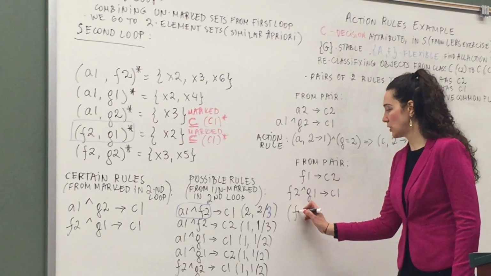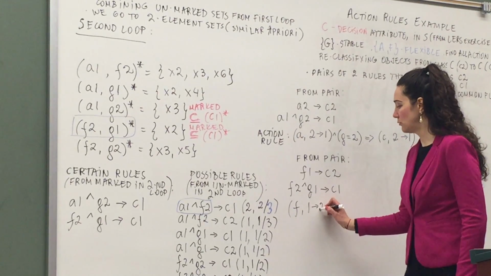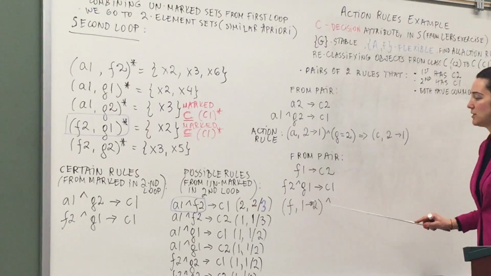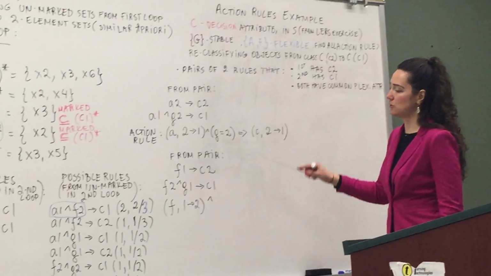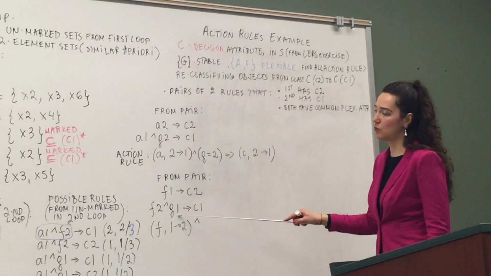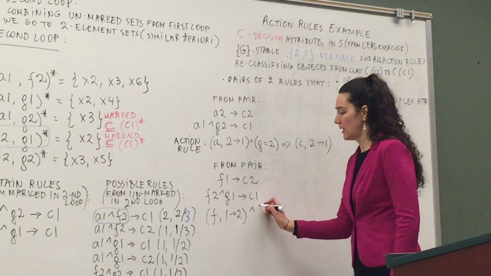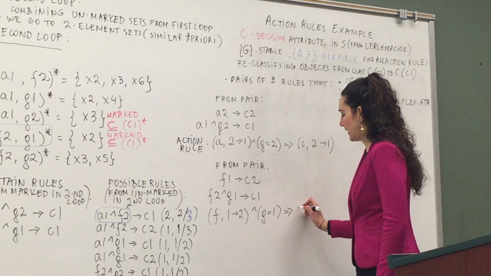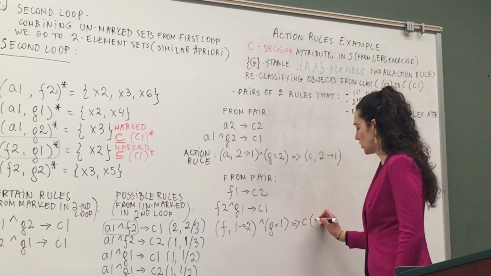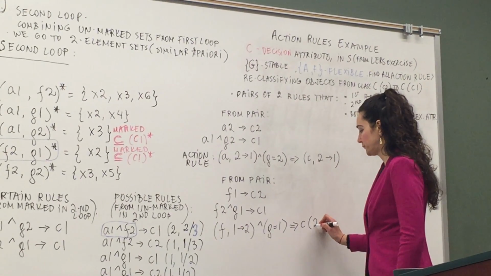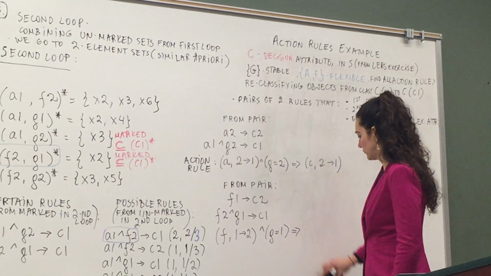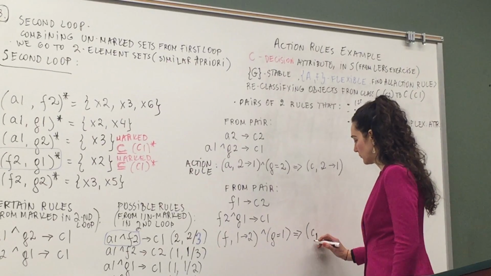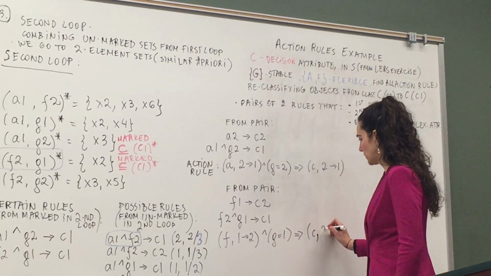So it will be: change F from 1 to 2, and G is a stable attribute, so G has to be equal to 1. We can't change that. This will imply that the class attribute will change from 2 to 1.